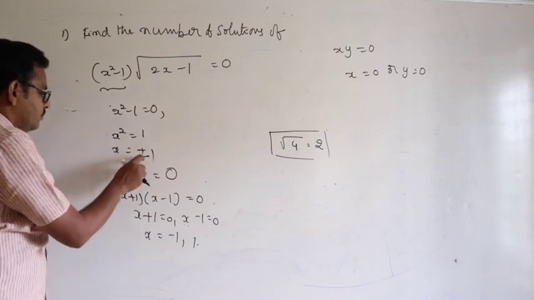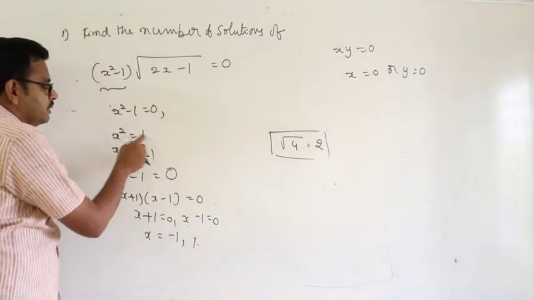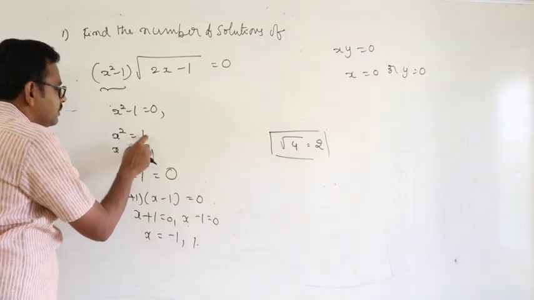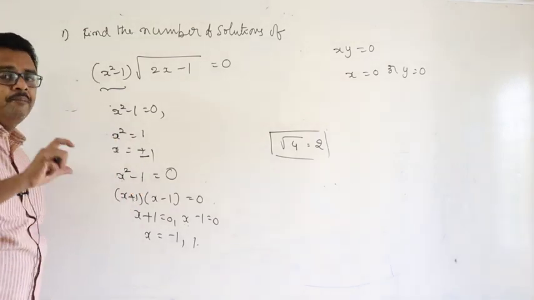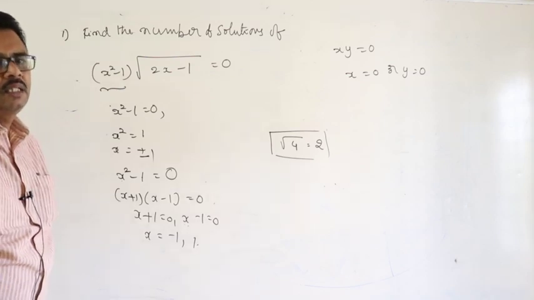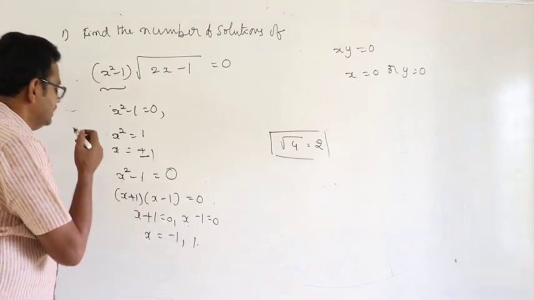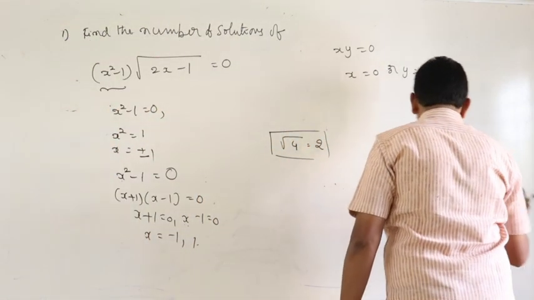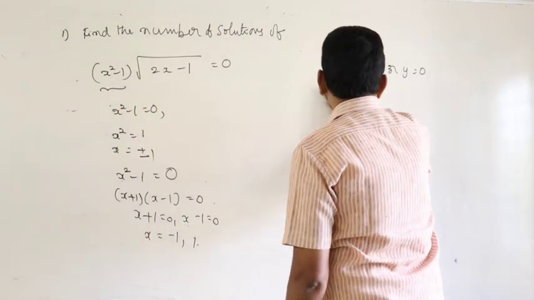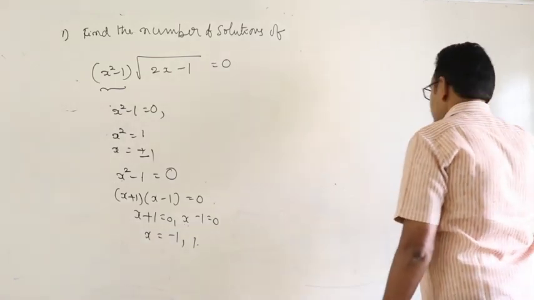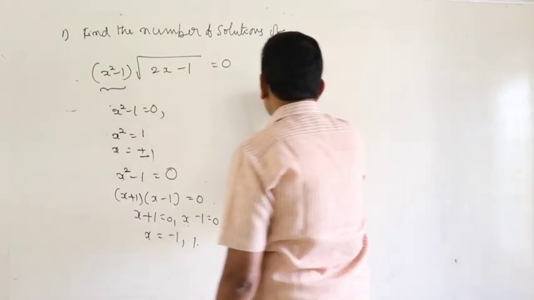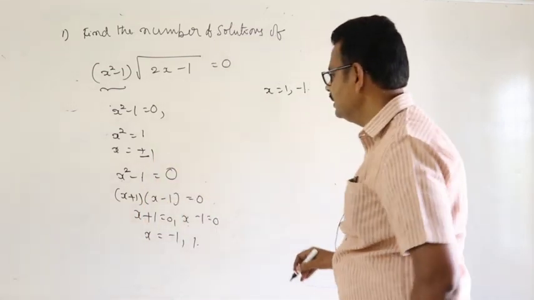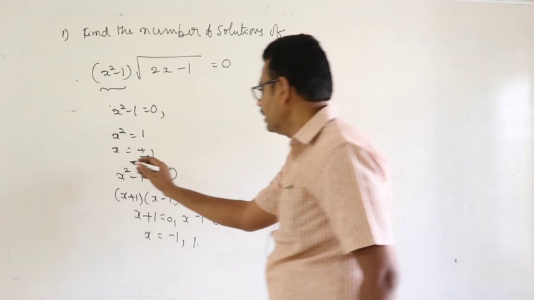So, for x equal to 1, you will get 1 equal to 1. For x equal to minus 1, you will get 1 equal to 1. The x values 1 and minus 1 satisfy that equation. Therefore, x is equal to 1, minus 1.